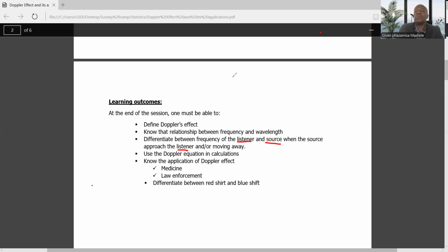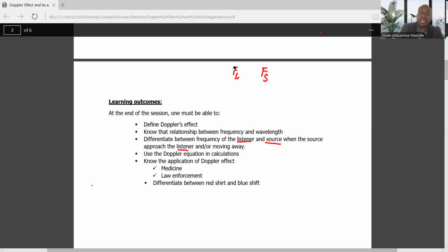So we are going to compare the frequency observed or heard by the listener and the frequency produced by the source.